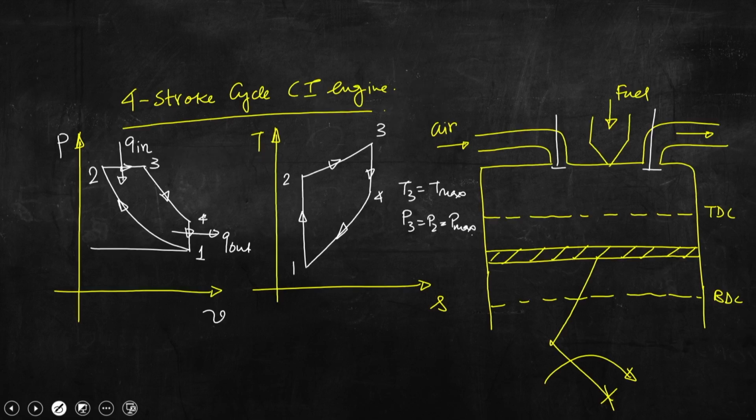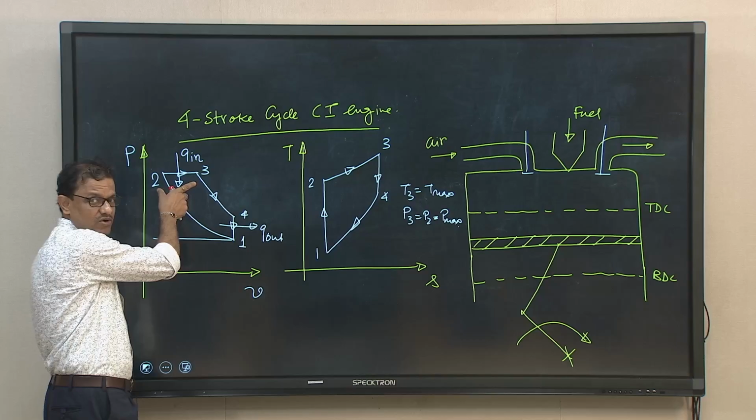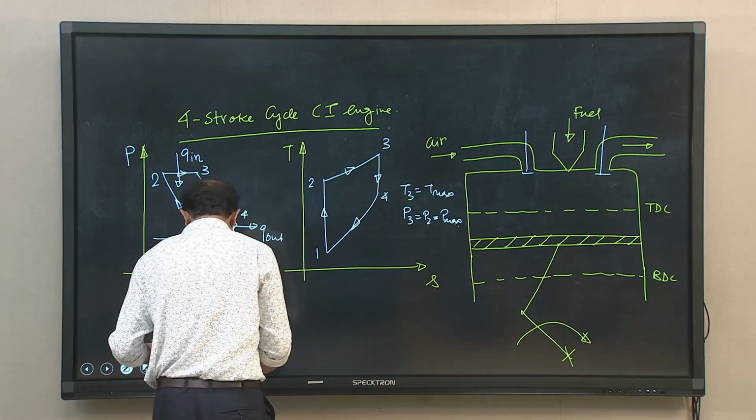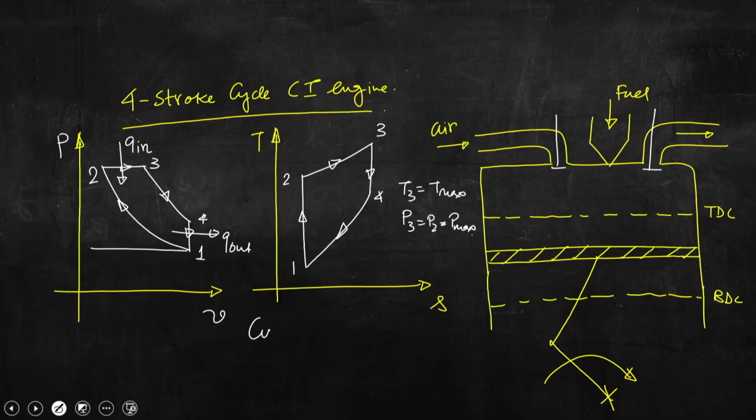One thing we will discuss here: if you try to recall, during the combustion process volume of the working substance has changed. So, we can define one ratio that is called the cut-off ratio.